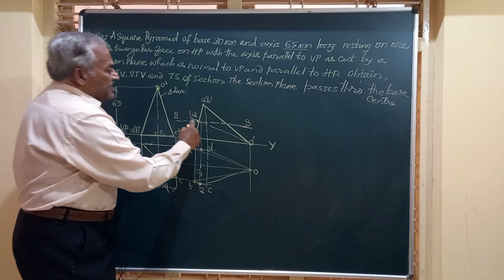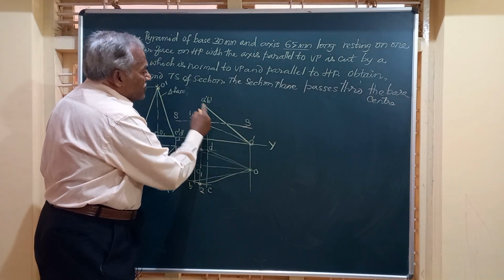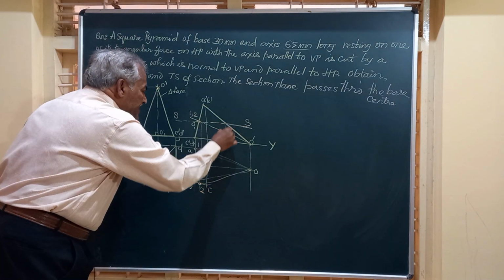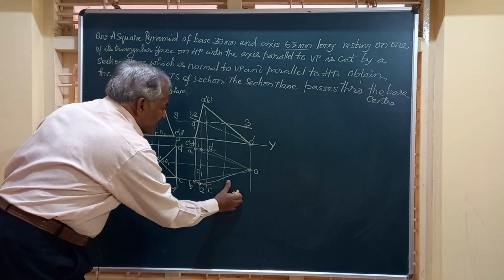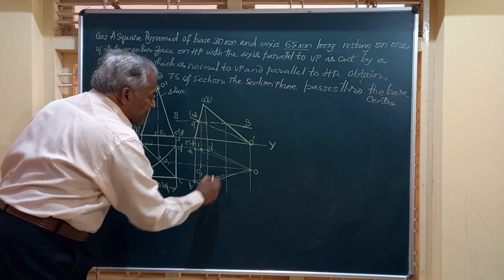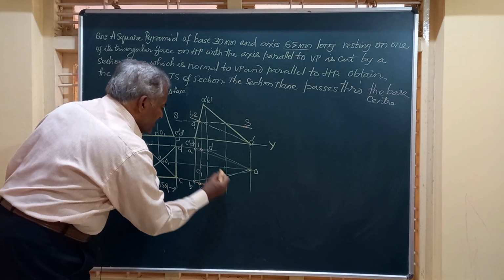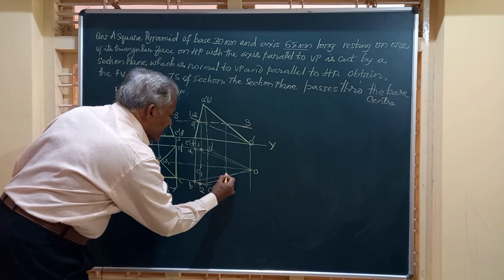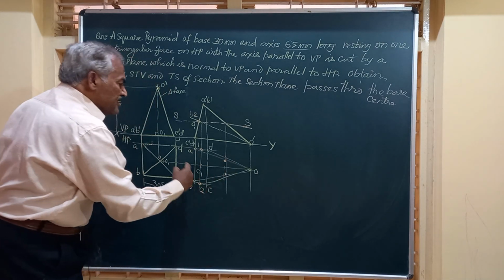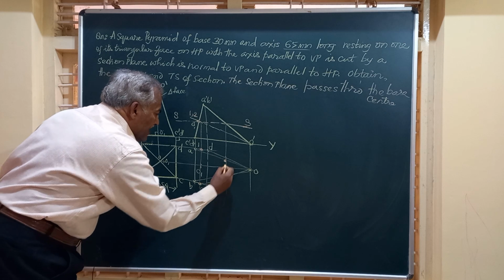Friends, the section plane is also cutting the slant edges O dash A dash and O dash B dash. So friends, I have to write a vertical line from there to know where exactly it is cutting the other two generators. So it is cutting O dash A dash and O dash B dash. This is O dash B dash. It is cutting somewhere here and O dash A dash is here. So these are the points where the section plane is cutting the slant edges OA and OB.